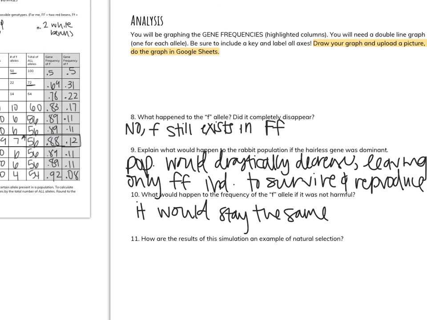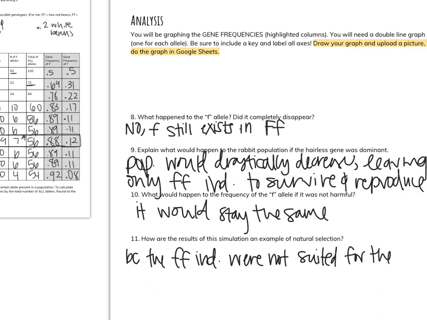So because the little f individuals were not suited for the environment, they died and didn't pass on their genes.